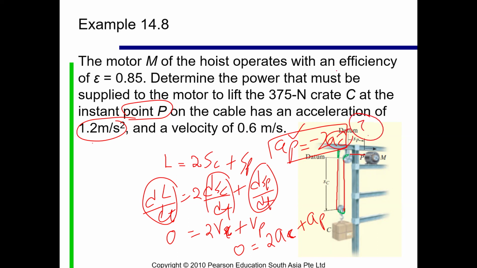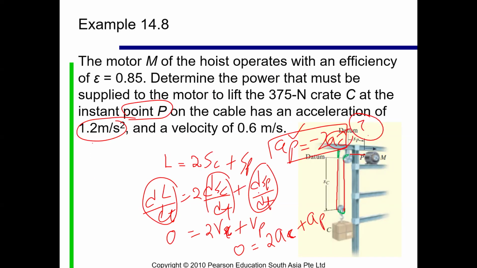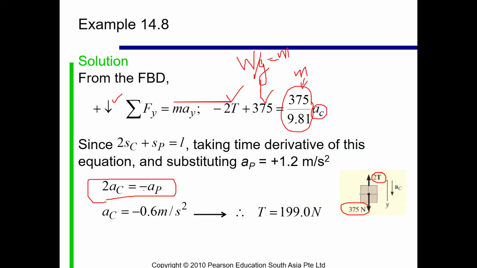So this is what we did here. If you see, we developed the equation, and I have shown you the working for that. Then you plug in the value AP as 1.2, which is provided in the question, and the value of AC reduced to minus 0.6. Now I can place this value of AC into the first equation, the one I developed.